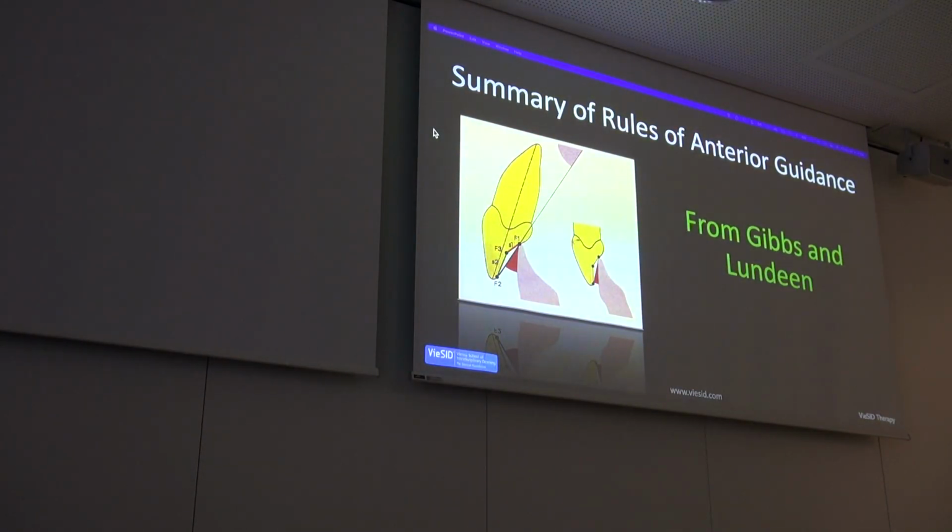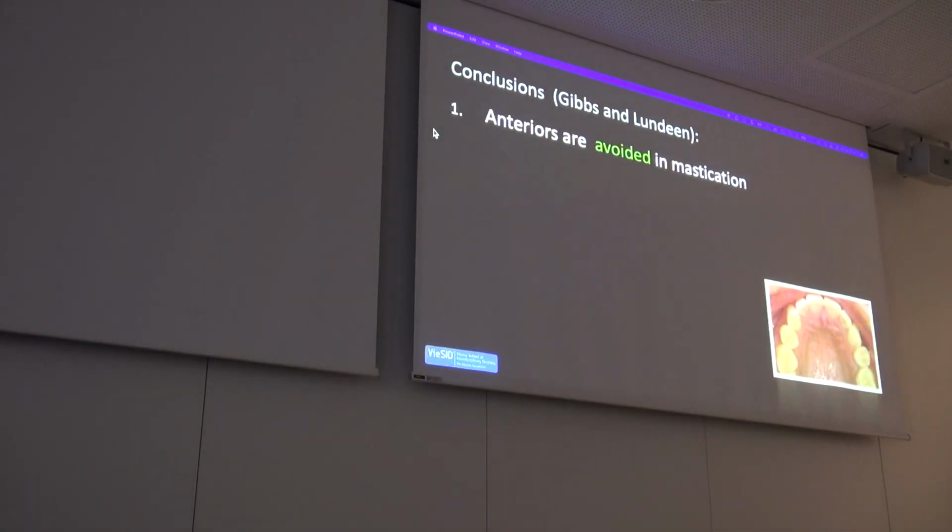So, Lundin and Gibbs, going back to them, what were their rules for anterior guidance? And here's theirs. Their conclusions were, we avoid the anteriors in mastication. Well, we know that. We don't clunk on our teeth, hopefully, unless we over-restore them with porcelain or zirconia or something, and we don't take the envelope of function into account. But we try to avoid them. The functional interferences.